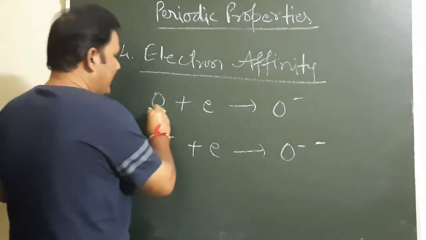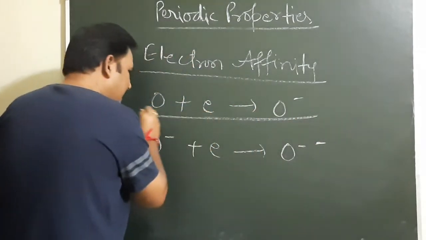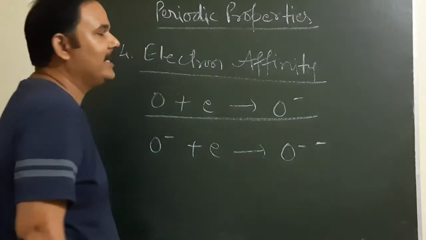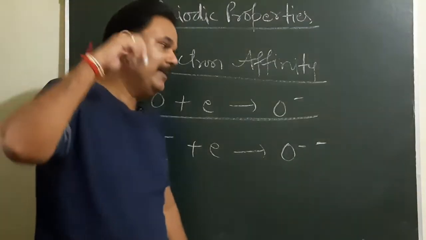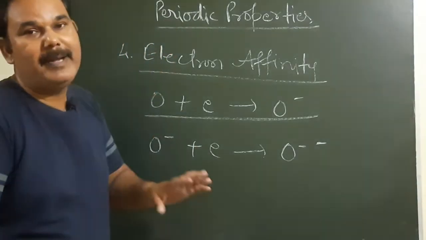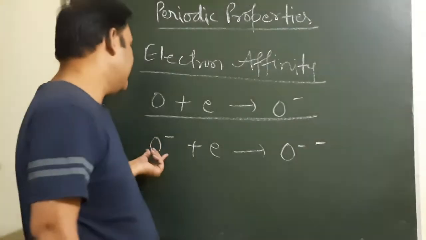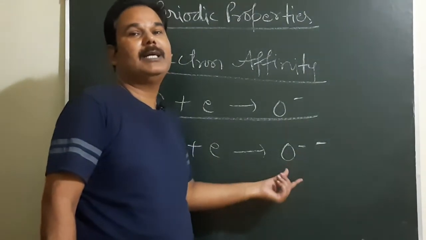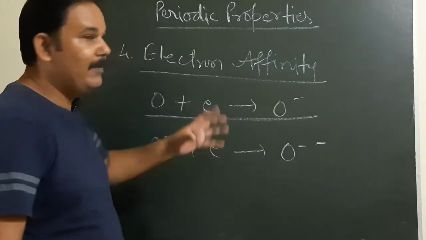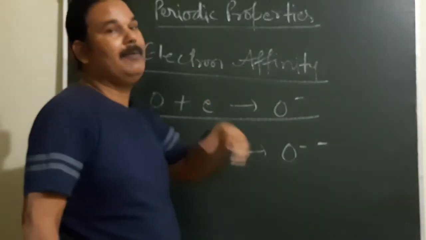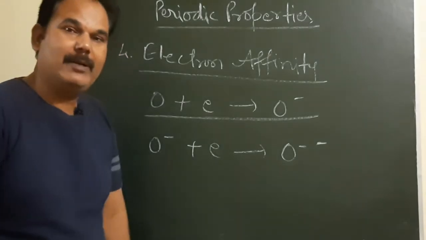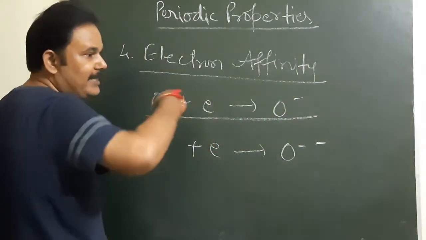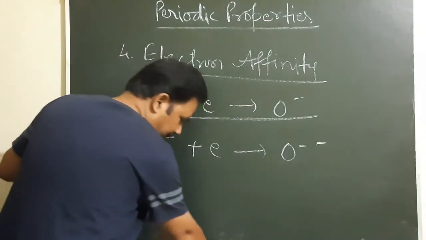Let's see, in the first case energy will be released, so electron gain enthalpy will be negative, and in the second case electron gain enthalpy will be positive, because this negatively charged ion, when it accepts one more electron, forms the negatively charged oxide ion. So in this case energy will be absorbed, and in the other case energy will be released. So one is positive and one is negative. And as I told, in a period it increases and in a group it decreases.